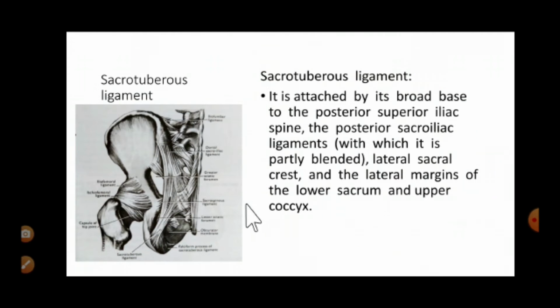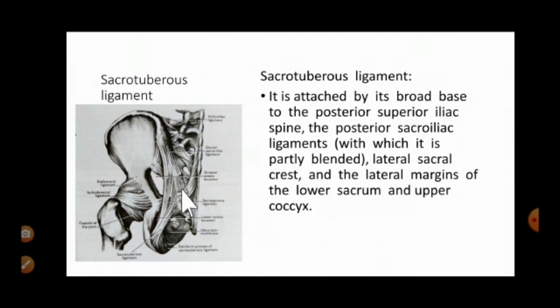Now, where is this sacrotuberous ligament attached? It is attached by its broad base to the posterior superior iliac spine. So we have the posterior superior iliac spine here, the posterior sacroiliac ligaments that we had seen in the previous slide, then the lateral sacral crest, which we saw on the sacrum, and the lateral margins of the lower sacrum and upper coccyx.